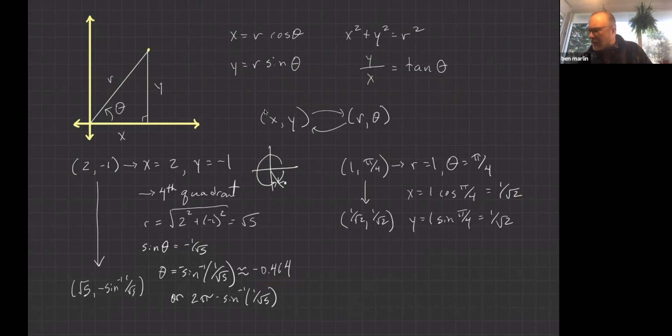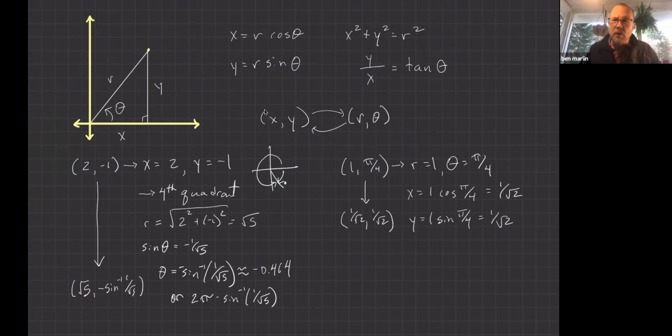And usually 3 digits past the decimal will be good enough if you're needing to approximate it. If you don't have to approximate it, just leave it like that. Okay. So the point that I got out of this was square root 5 comma minus inverse sine of 1 over square root 5. And I didn't have to do an approximation there.